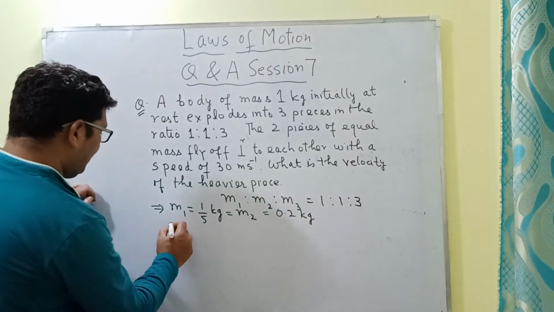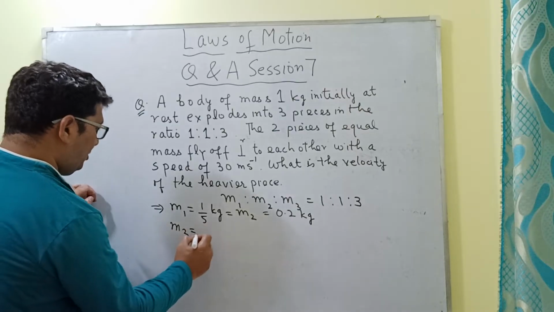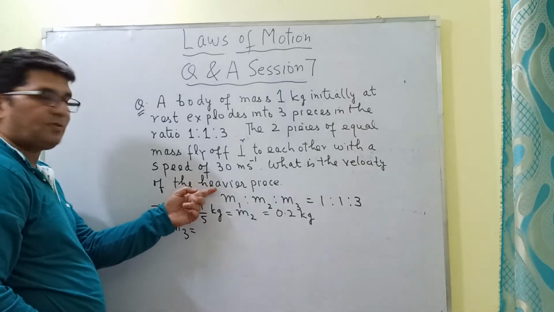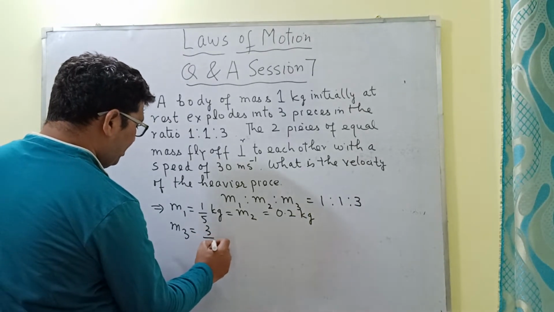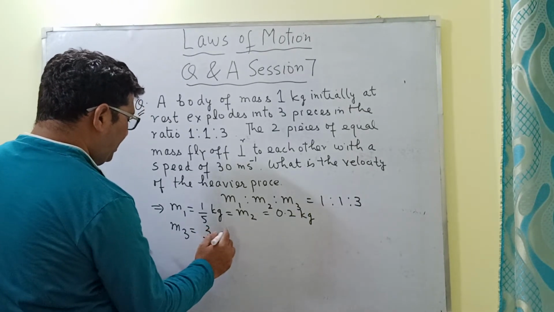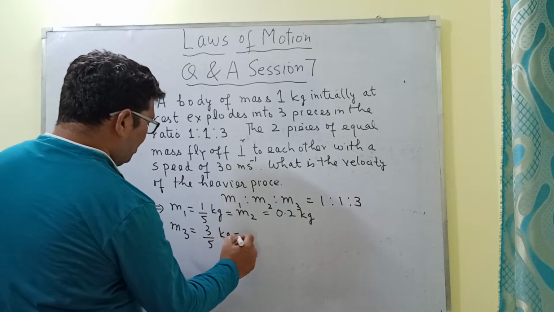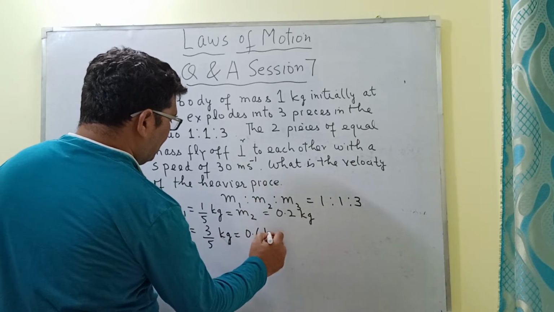And the mass of m3, that is the mass of the heavier piece, will be equal to 3/5 kg. So this is equal to 0.6 kg.